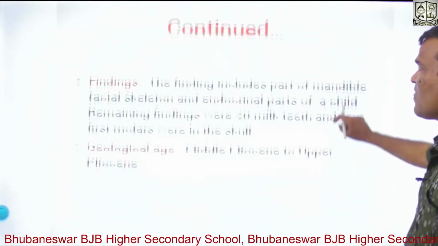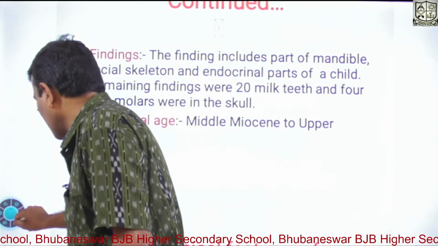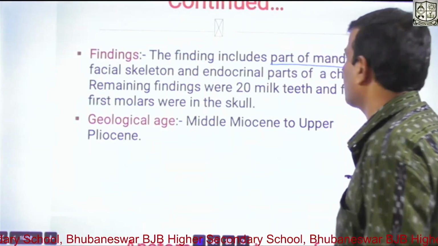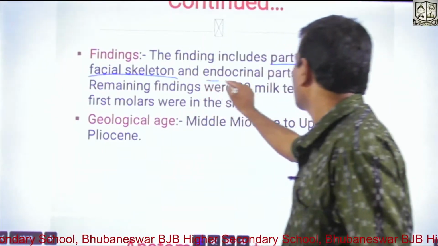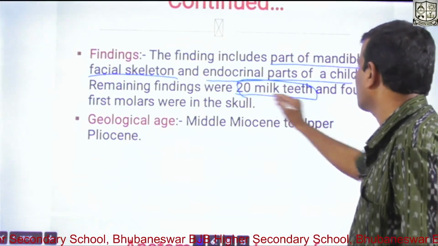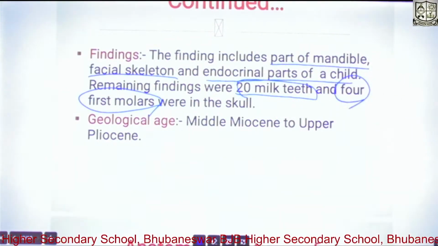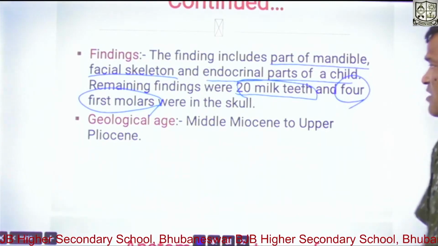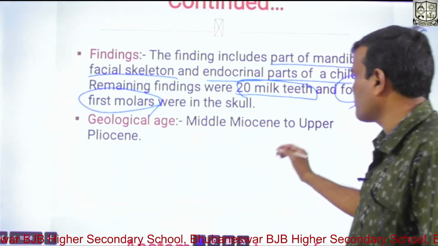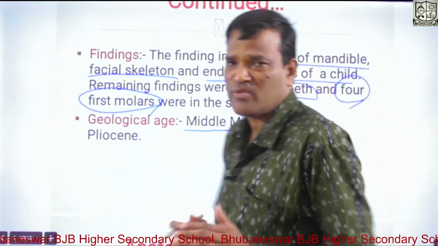The findings included a part of the mandible, facial skeleton, and endocranial parts of a child's face, with 20 milk teeth and 4 first molars in the skull. The geological time is middle Miocene to upper Pliocene.